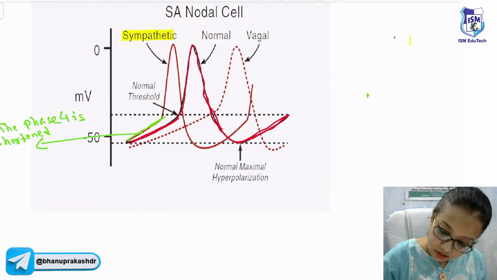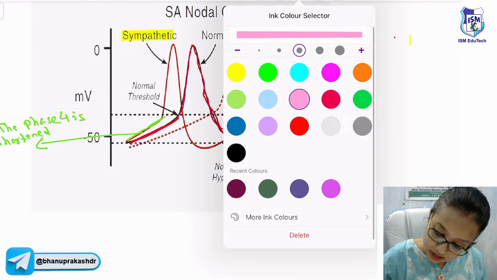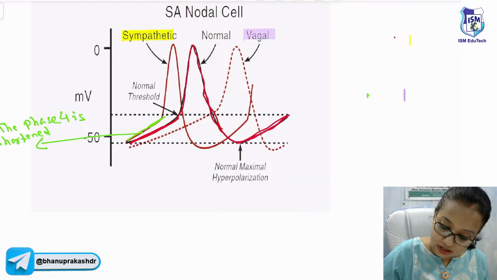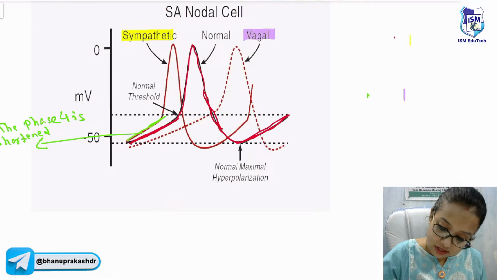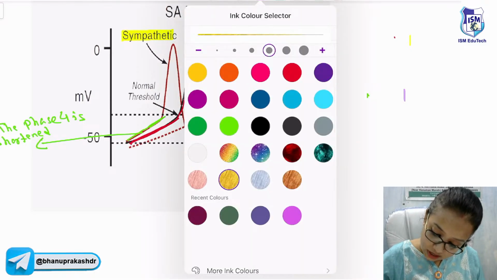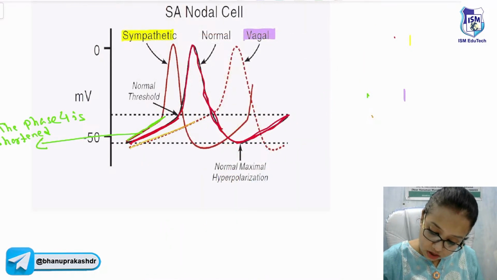Under the influence of the vagus nerve, if we see the same graph, from the diagram here we see the phase 4 is prolonged and more steep.